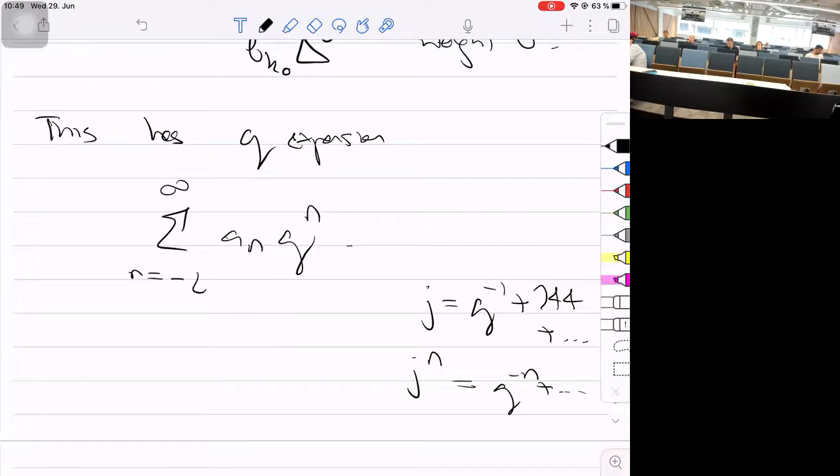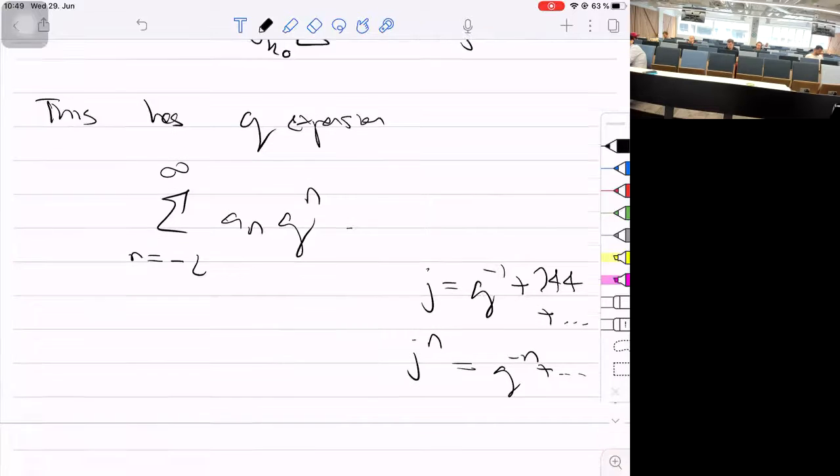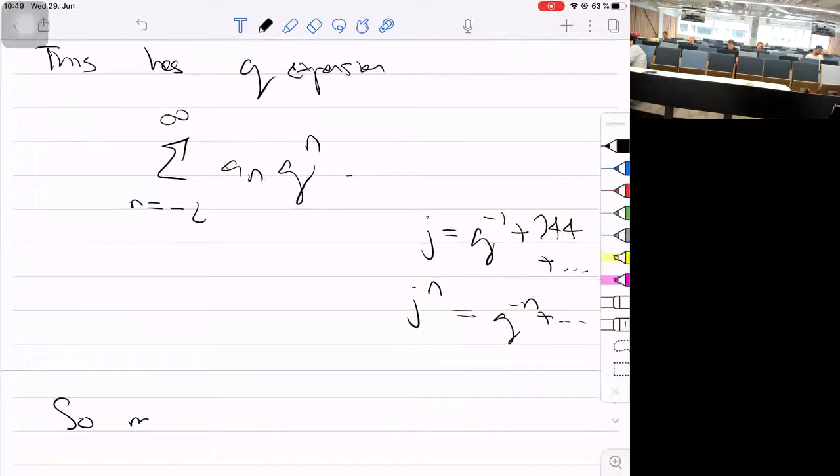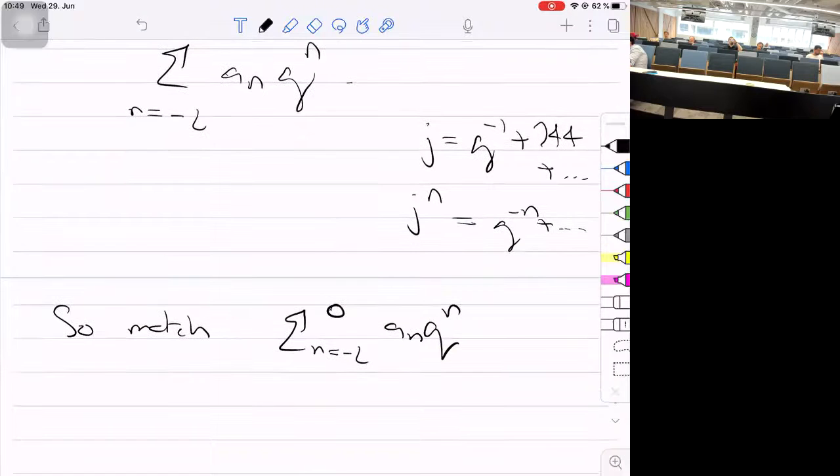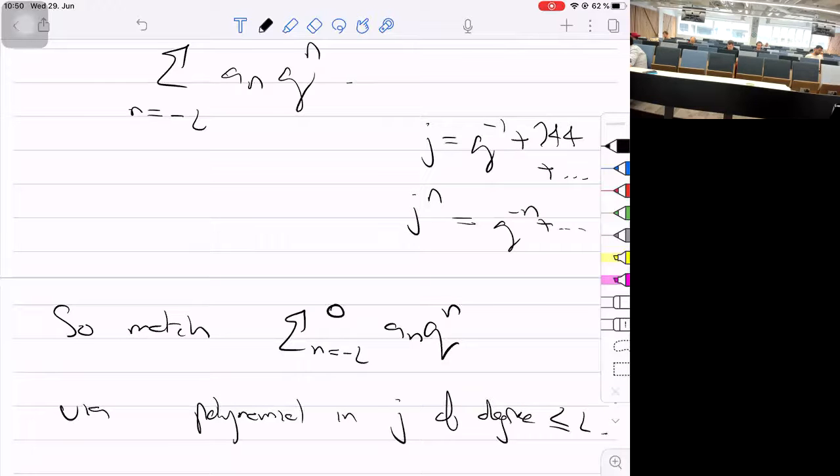So we can just brute force match up whatever this polar bit is and eliminate it completely. We look at the constant term too, and we do this matching by some polynomial in J of degree less than or equal to L.